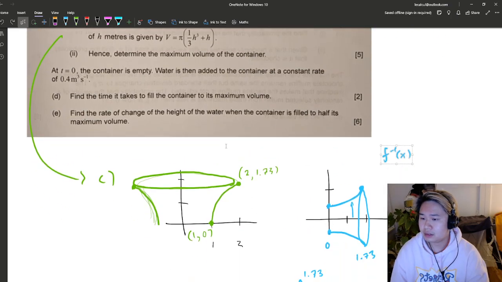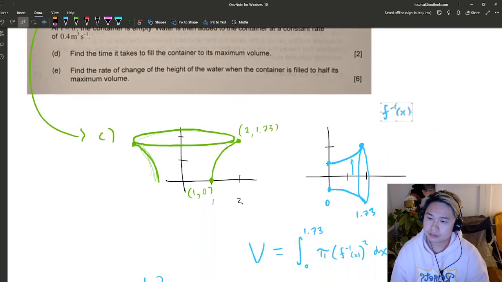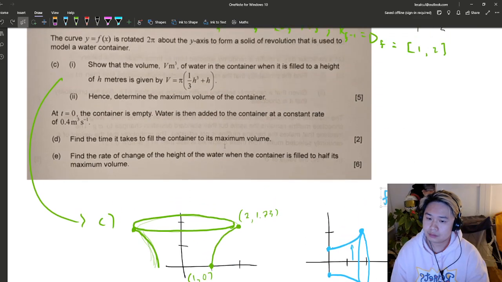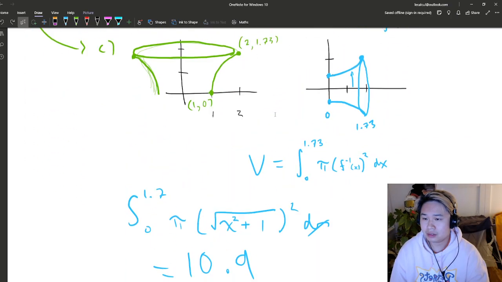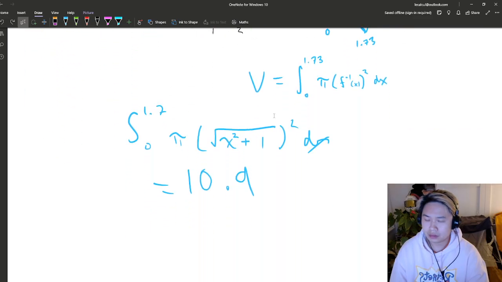Okay. Then what's next? Hence determine the maximum volume of the container. Okay.